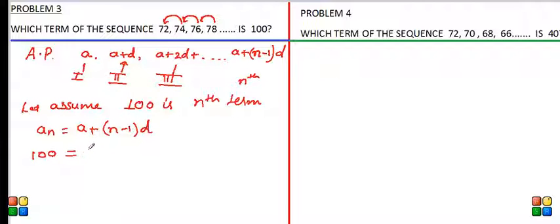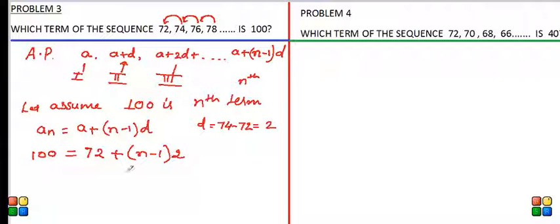The first term is 72, and which term this is, we are finding. Now d is the common difference, 74 minus 72, which is equal to 2.